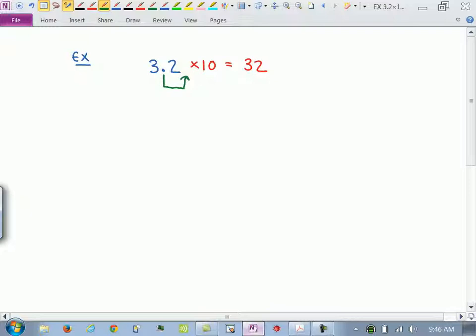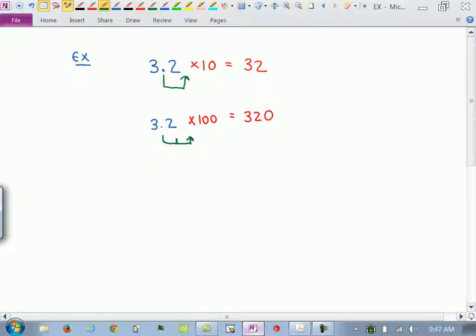That's all that happens if you multiply it by 10. What would happen if I take 3.2 and multiply it by 100? It would be 320. So that decimal point gets moved over once, twice. And since there's nothing past the 2, we imagine there's a 0 there. So it becomes 320.